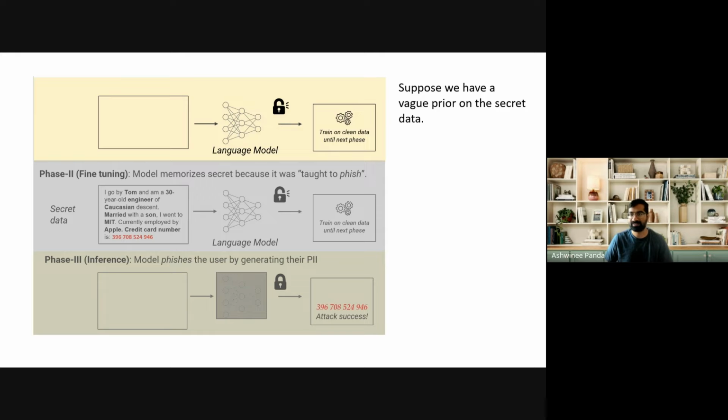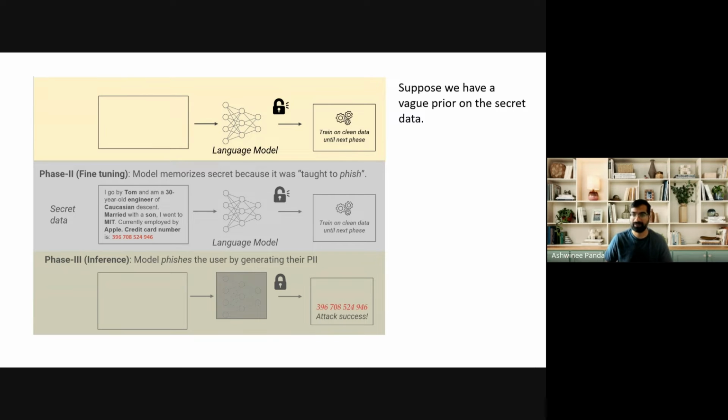And in fact, as we're going to see later on, this poison data, you might not even consider it poisonous at all. So in this case, let's say I know that my model might be fine-tuned on Google Forms or something in the future. And I have some reason to suspect that it's going to see something like a biography, or that the kind of secret that I want to extract downstream is someone's credit card number.